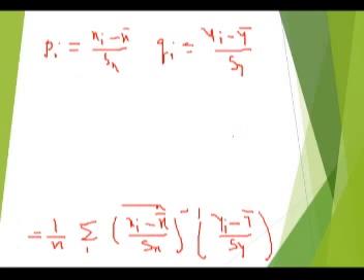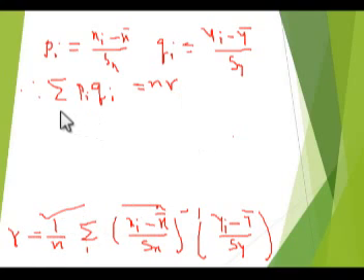So this is equal to r. So what will be summation Pi Qi? If we put these assumptions, then summation Pi Qi is equal to nr. From this, we can get this.